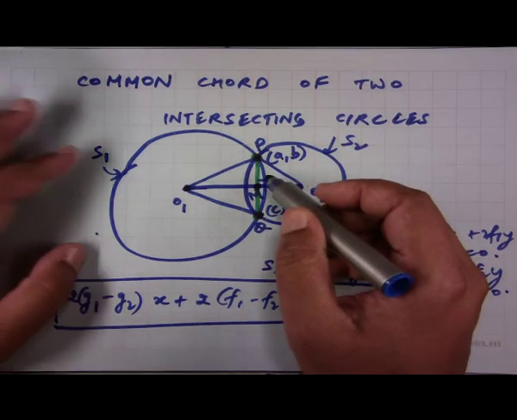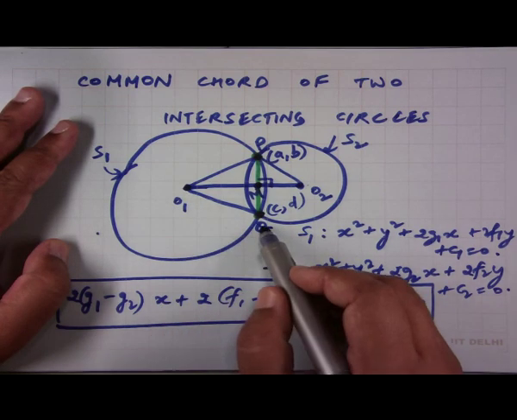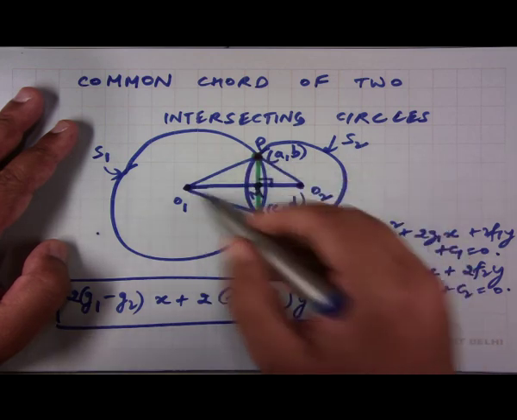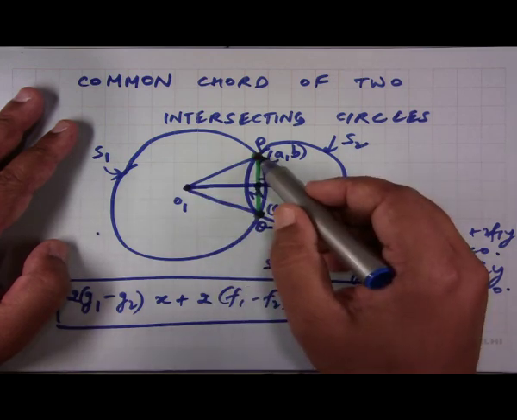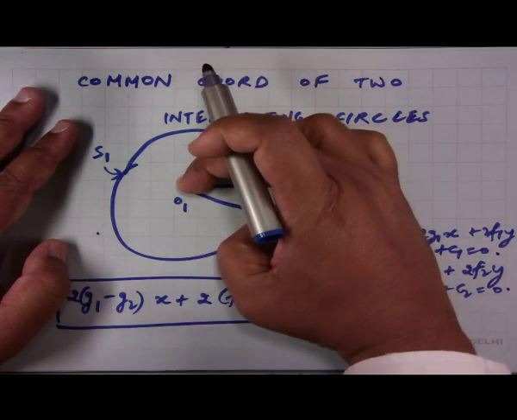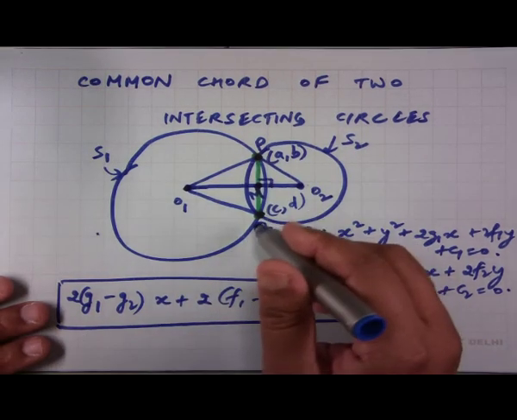what we also see is that this triangle O1QP is an isosceles triangle, because O1P and O1Q are nothing but the radius of this circle S1.